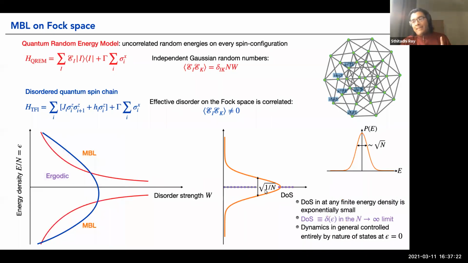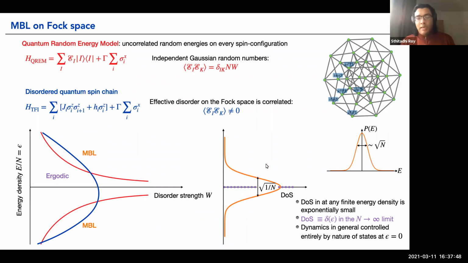But remember that the density of states actually has a width which scales as the square root of system size. So what that means is if I decide to look at things in terms of energy densities, the density of states has a width which scales as 1 over the square root of system size.